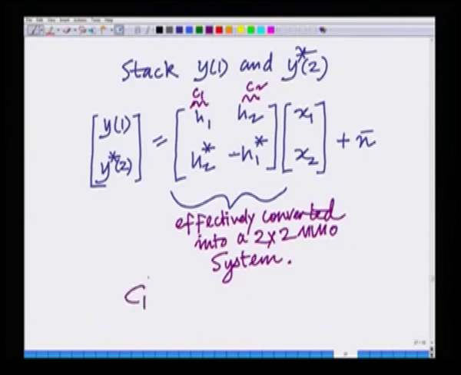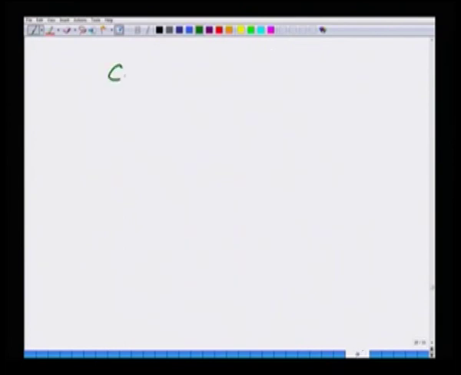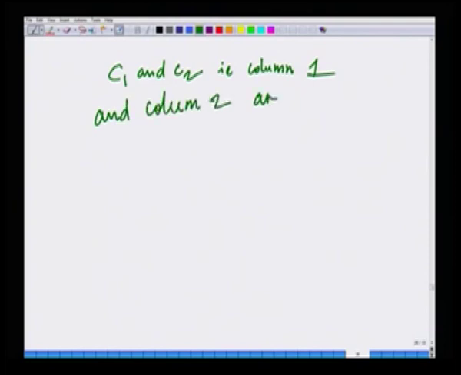For instance, if I look at C1 Hermitian C2, the dot product of column 1 and column 2, that is nothing but H1 conjugate H2 minus H2 H1 conjugate, which is 0. Hence, C1 and C2, that is column 1 and column 2, are orthogonal.